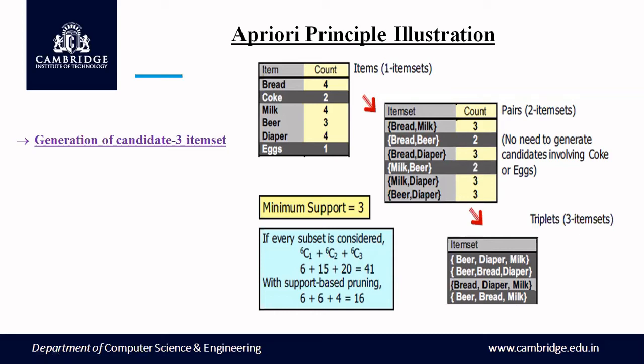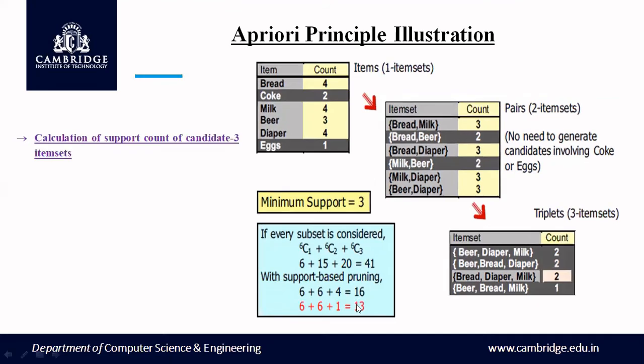So in this candidate 3 item set, again, when we perform the support count calculation, when you compare this with the market basket database, you will get to know that bread, diaper, milk is not going to satisfy our minimum support value. So that is going to be pruned, and obviously left out are going to be only these 3. Similarly, here again, it is only 16 steps over here.